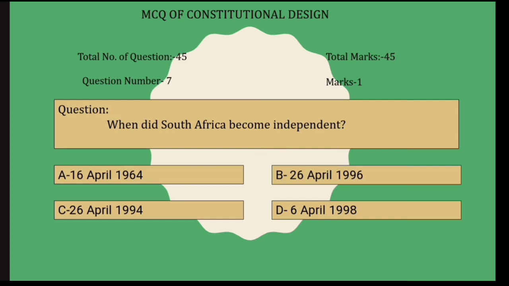Question 7. When did South Africa become independent? Option A. 16th April 1964. B. 26 April 1996. C. 26 April 1994. D. 6 April 1998. Correct option is C. 26 April 1994.